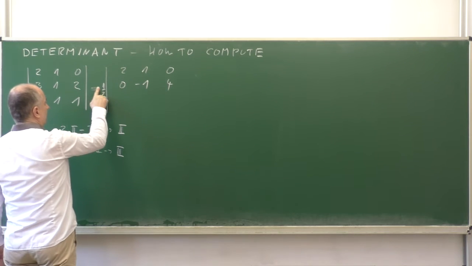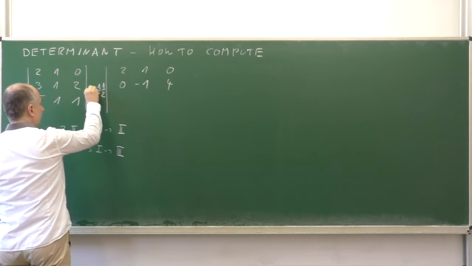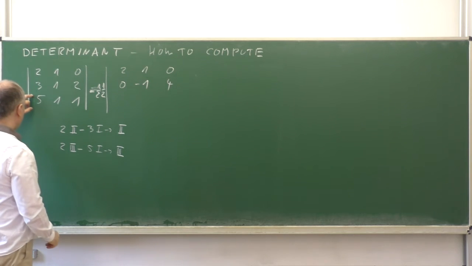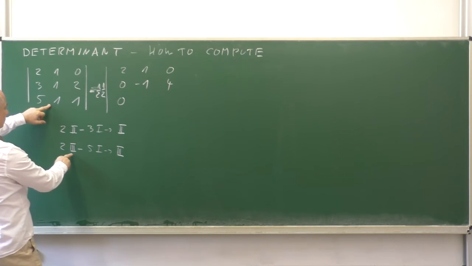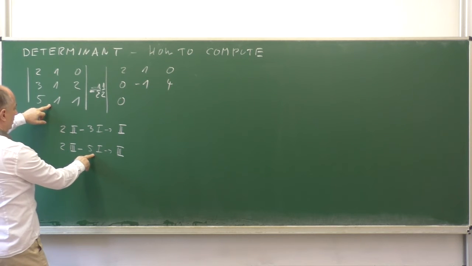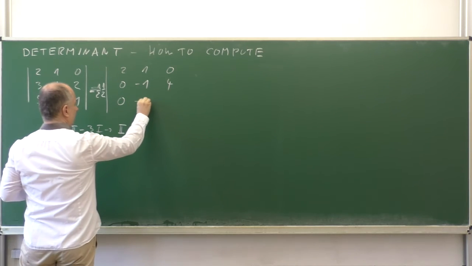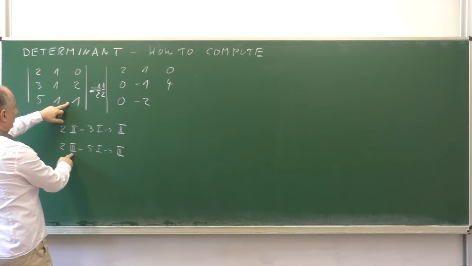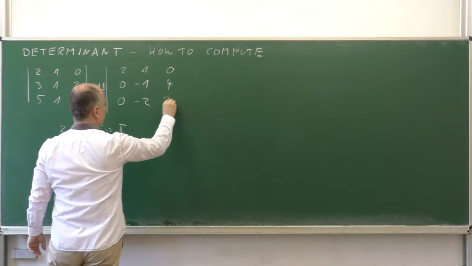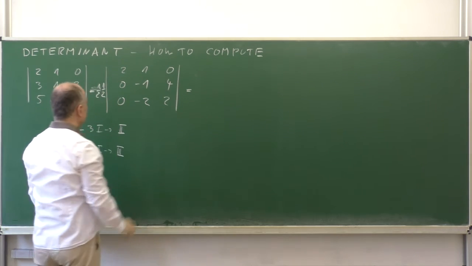So we must divide by 2 once again. And then we have 10 minus 10, which is 0. 3 minus 5, which is minus 2. And finally, 2 minus 0 is 2.